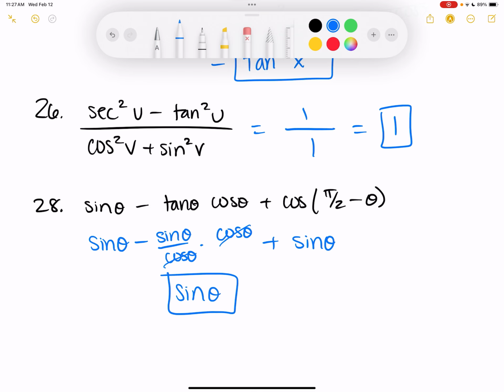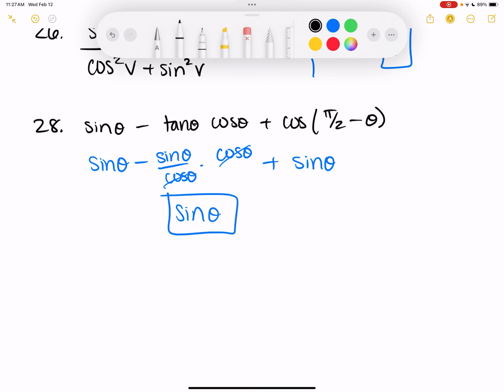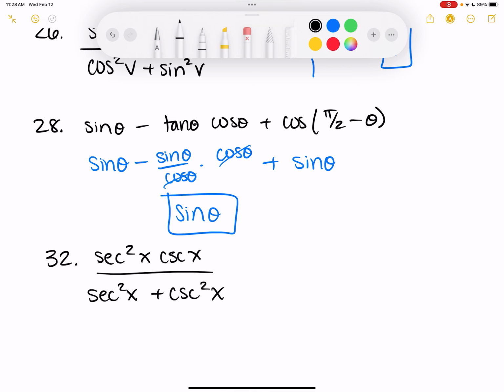Let's see, 32. Secant squared of x, cosecant of x over secant squared of x plus cosecant squared of x. So I've got to rewrite everything in terms of sine and cosine first.